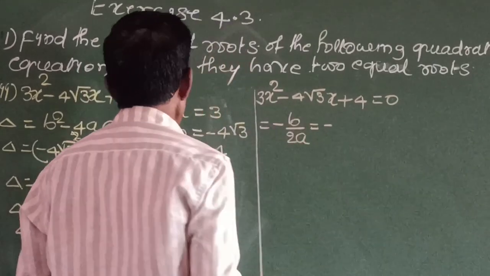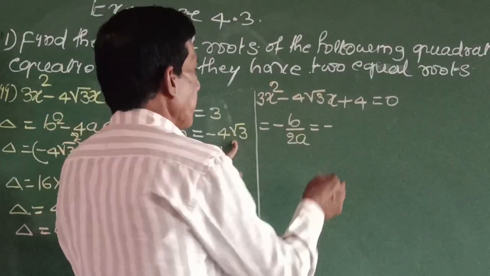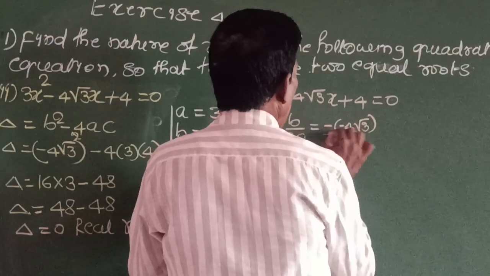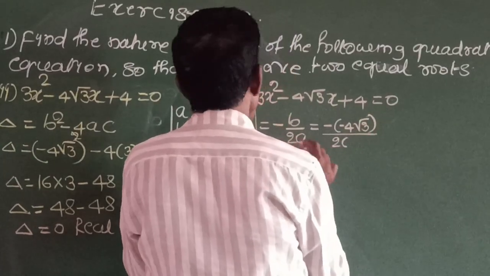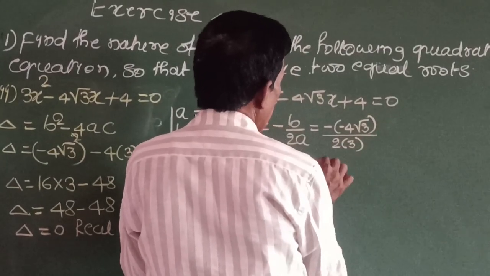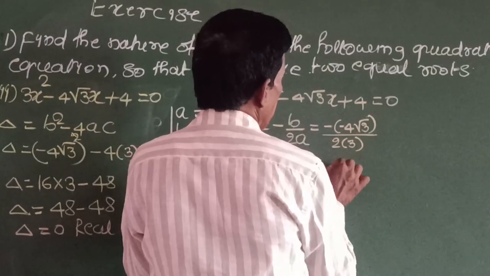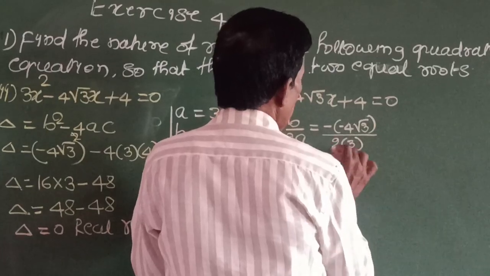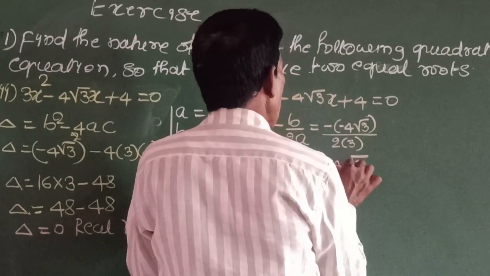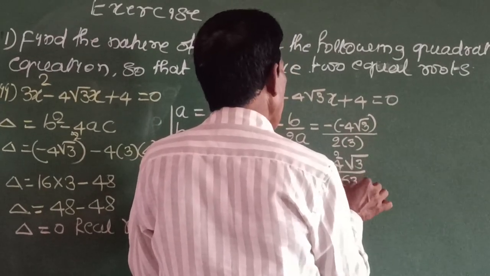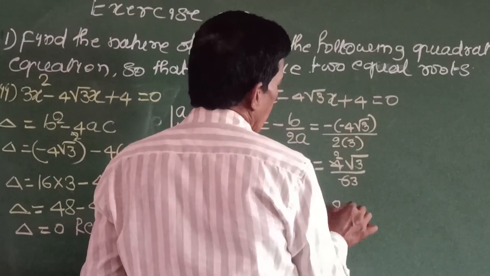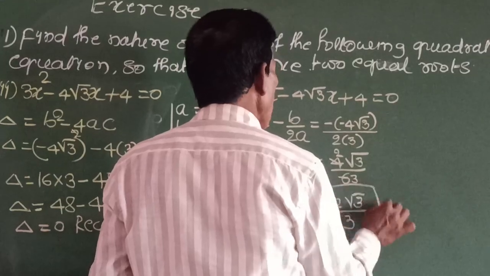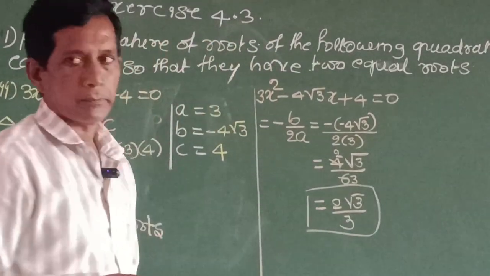Minus b is 4 root of 3 upon 2a, and 2 into a is 2 into 3, which is 6. So 4 root of 3 by 6, which simplifies to the final answer 2 root of 3 by 3. These are the roots of the given equation.